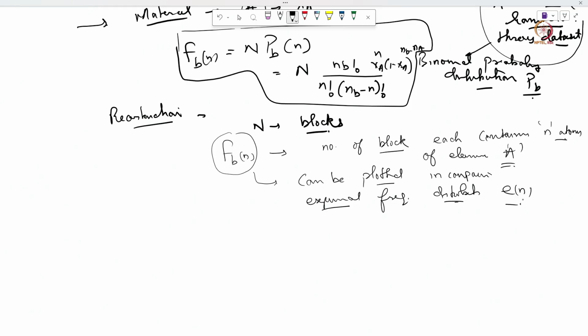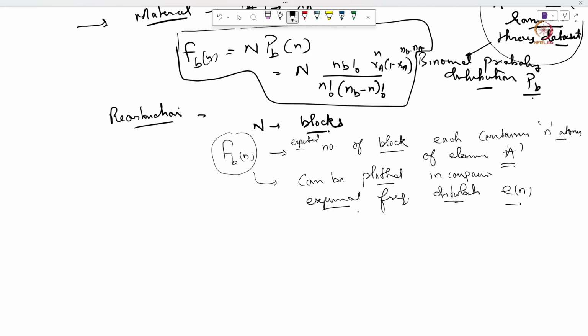Okay, so this FB(N) is nothing but the expected number of blocks each containing n atoms of element A, correct, and this can be plotted in comparison to the experimental frequency distribution.